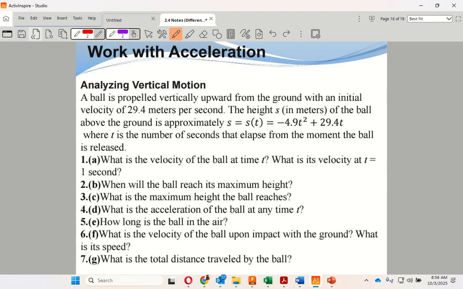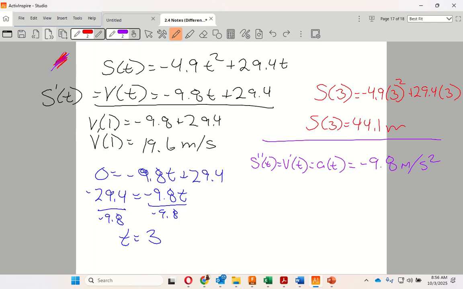Let's plug in 6 into my derivative. So v of 6 is going to be negative 9.8 times 6 plus 29.4. So I got negative 29.4.